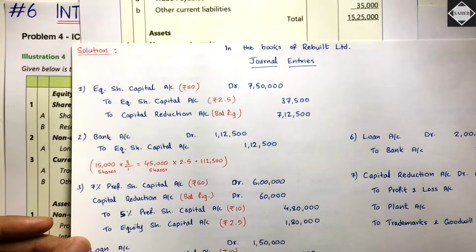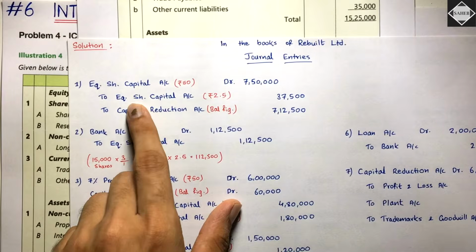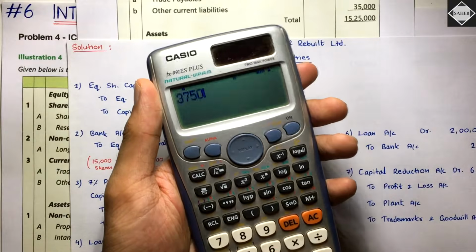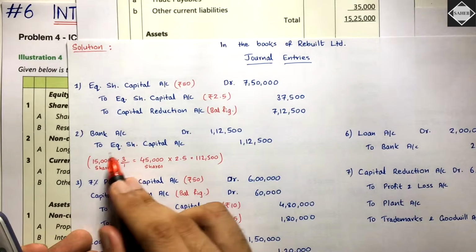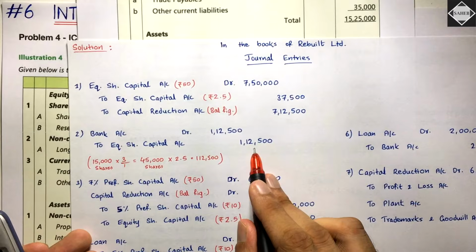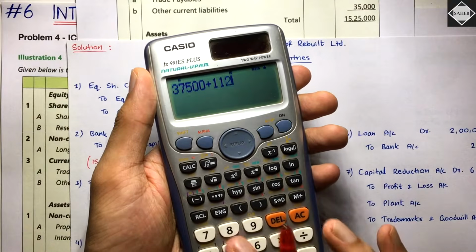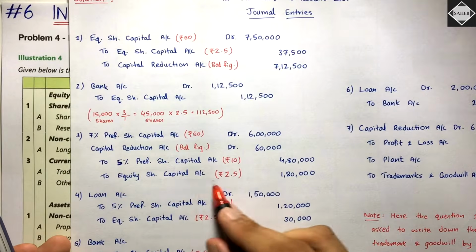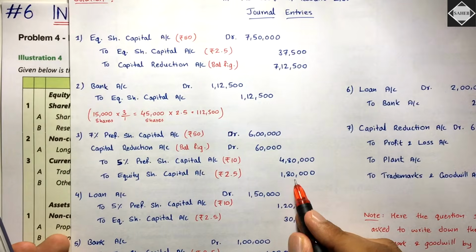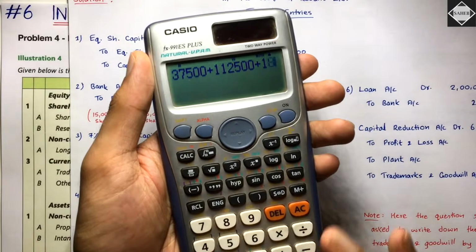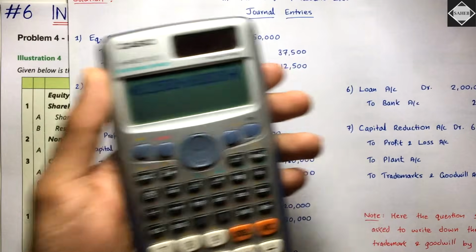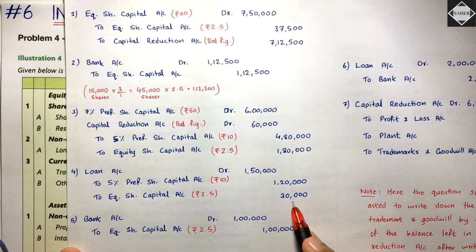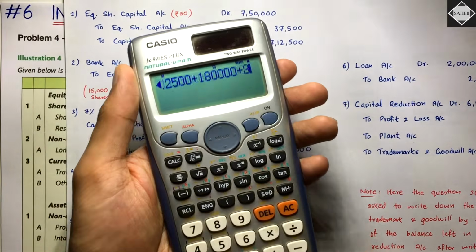In the first entry we created 37,500, plus the rights issue 1,12,500, and then we gave equity shares to preference shareholders 1,80,000, and to the loan holders also we gave equity share capital, 30,000.